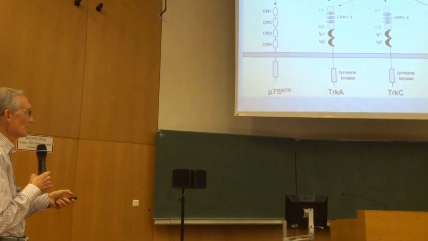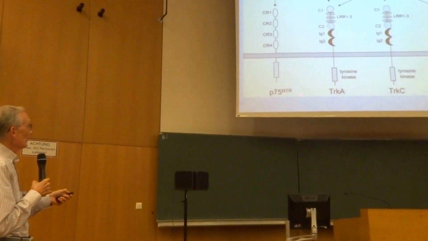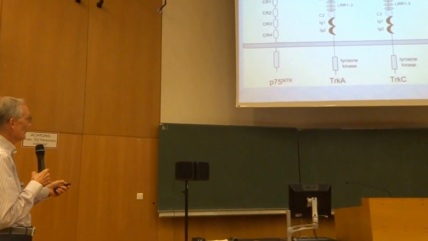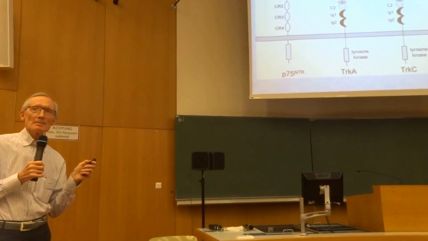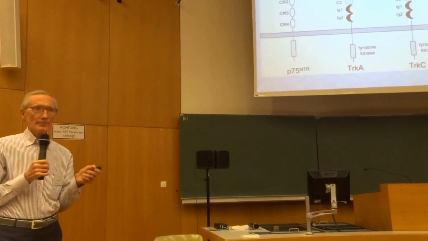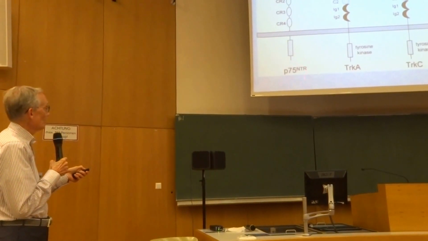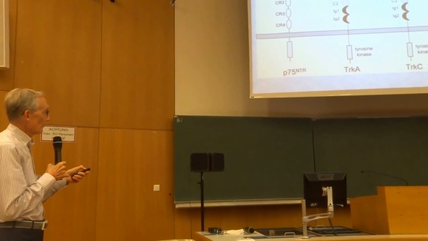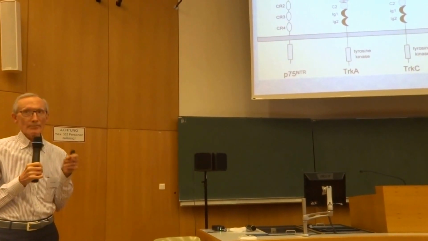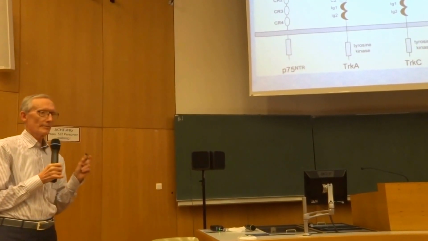cascade inside the cells. Before the Trks were discovered, people found this protein called p75. It was first described as the low-affinity NGF receptor. However, p75 is now called the p75 neurotrophin receptor because it binds all neurotrophins with equal affinity, low, nanomolar affinity, whereas the Trks bind with picomolar affinity.